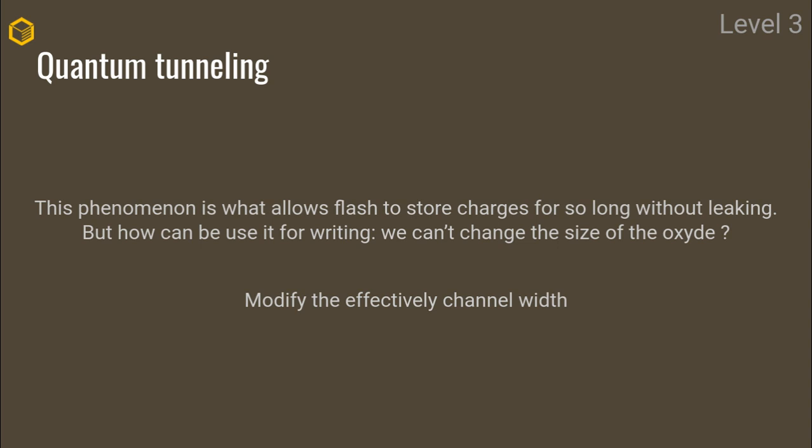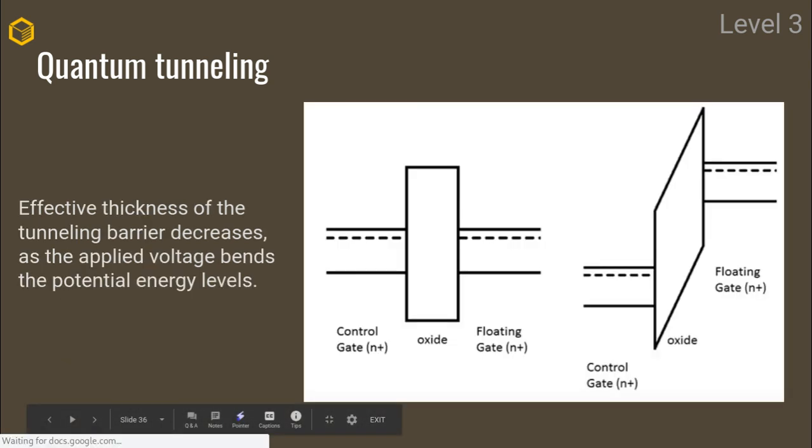But I can modify the effective channel width. By effective channel width, I actually mean how my particles will be affected on this channel. This effective thickness can actually be bent in a way depending on the potential energy that exists between two parts of the junction.